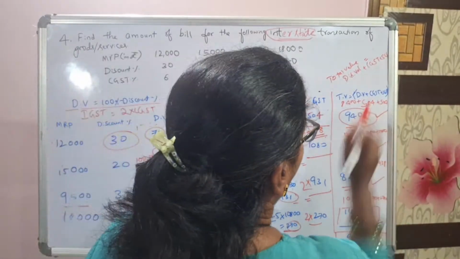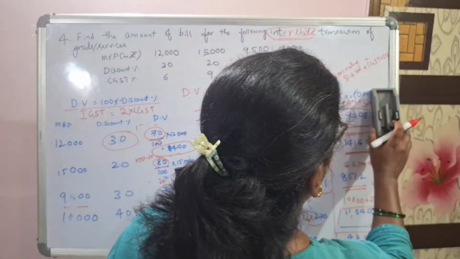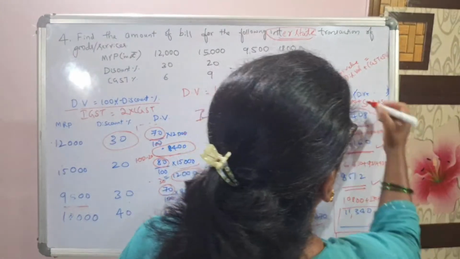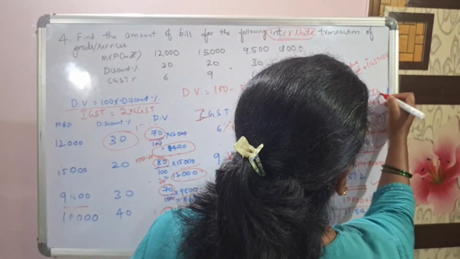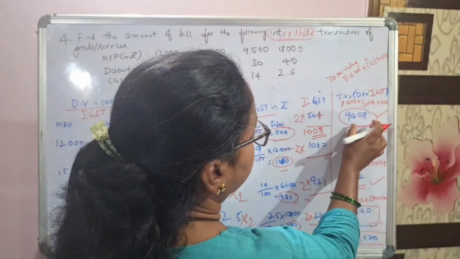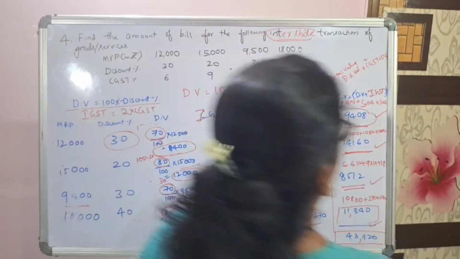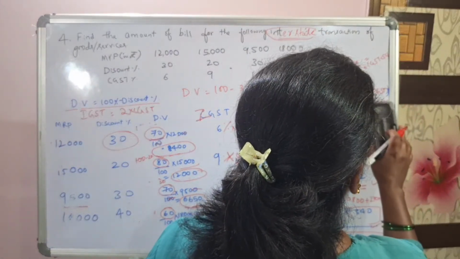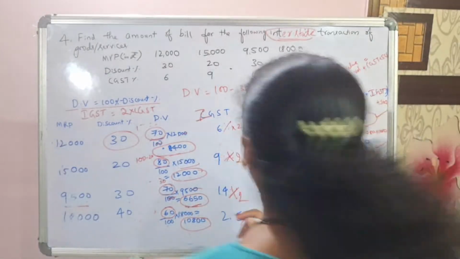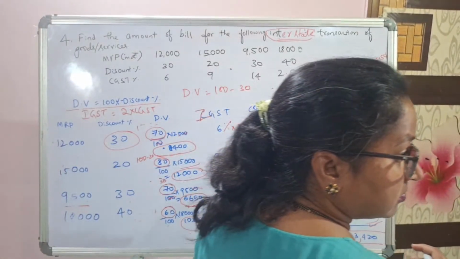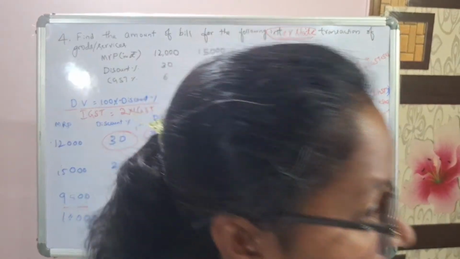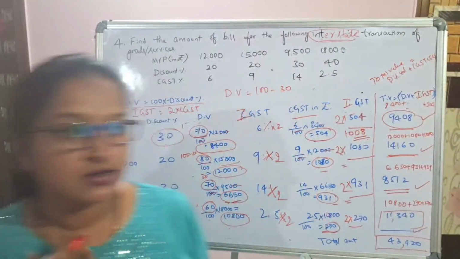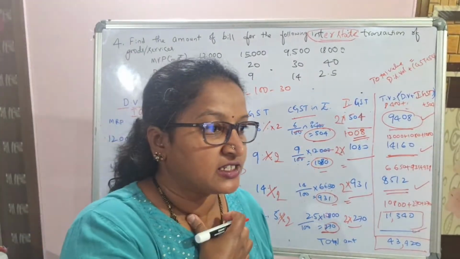Here, instead of CGST plus IGST, we can write discounted value plus IGST. So the answer doesn't change. Here 504 plus 504 becomes 1008. Yes, only the central government gets the tax, but it is mentioned as the IGST amount.